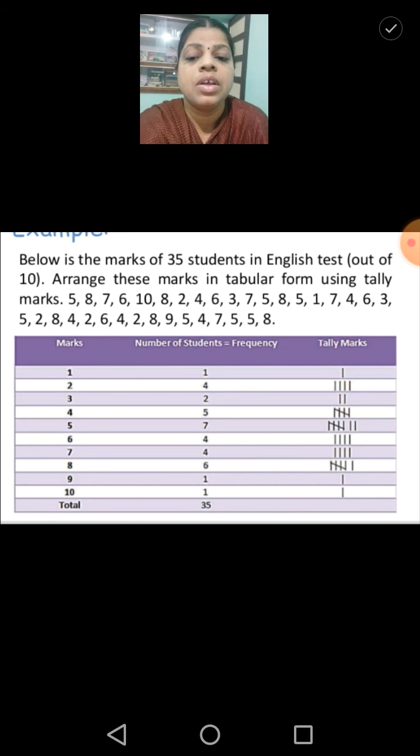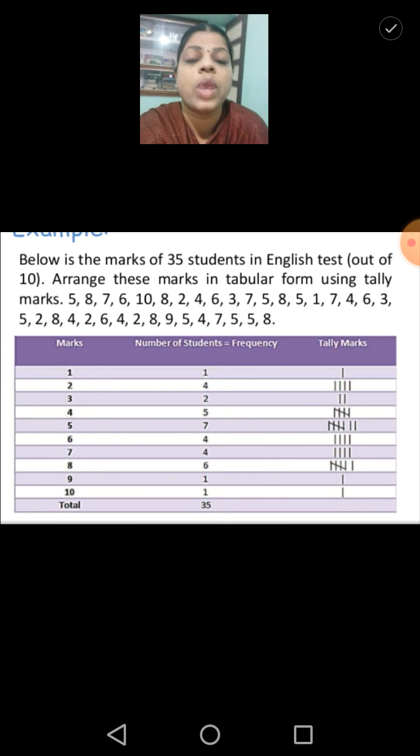Here we can see the various values. It can range from the minimum number 1 to the maximum number 10. Here we can see the various values 1, 2, 3, 4, 5, 6, 7, 8, 9, 10, which range from the minimum to the maximum values.